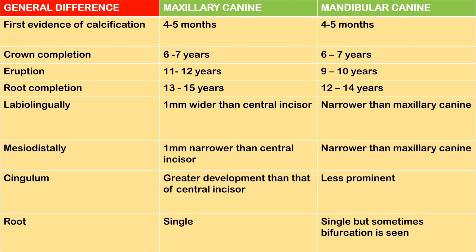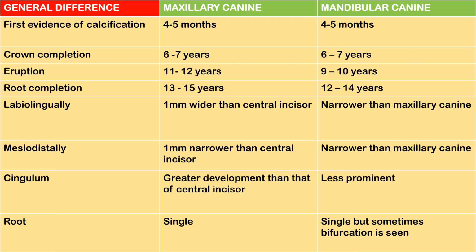The maxillary canine typically erupts between 11 and 12 years, while the mandibular canine erupts a bit earlier, that is around 9 to 10 years of age. When it comes to completion, the maxillary canine finishes around 13 to 15 years, whereas the mandibular canine completes its root development slightly earlier, that is between 12 to 14 years of age.